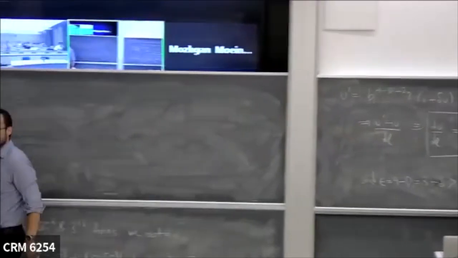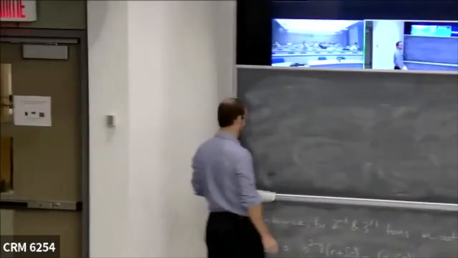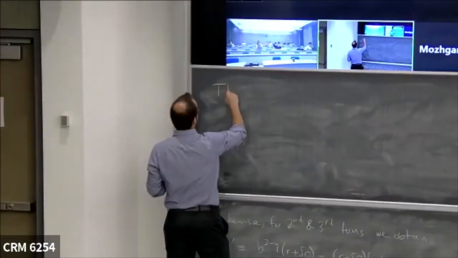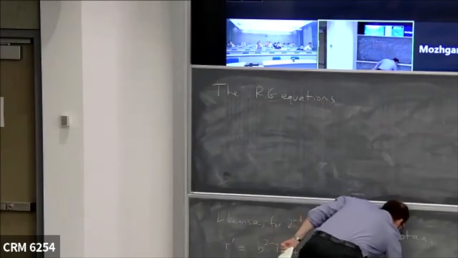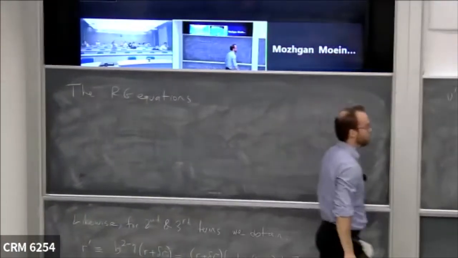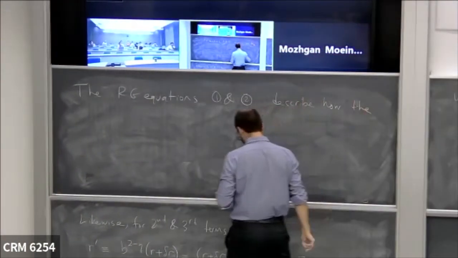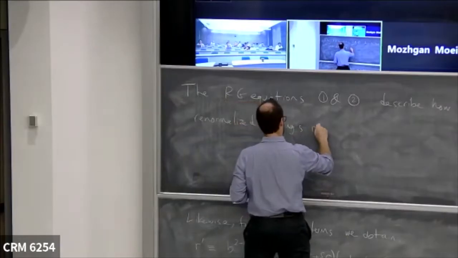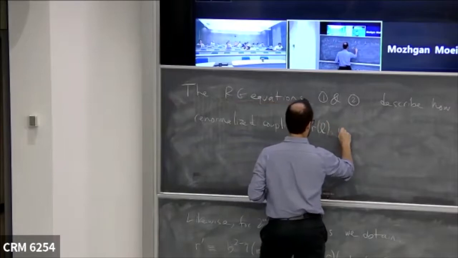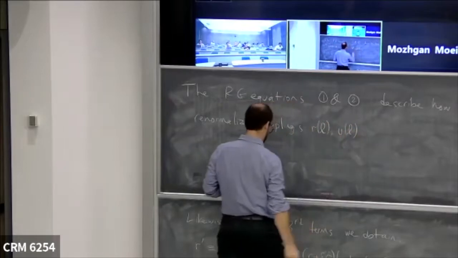So these are called the flow equations or renormalization group equations. Maybe this one I'll call 1, and this one 2, to describe these renormalized couplings, r of l. So now I think of these as functions of this flow parameter l.